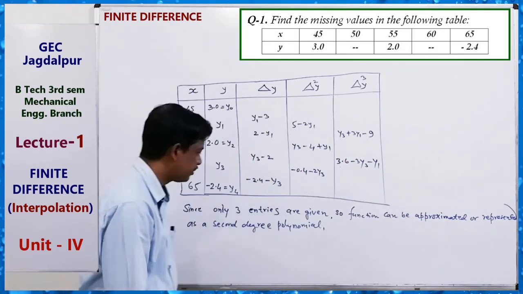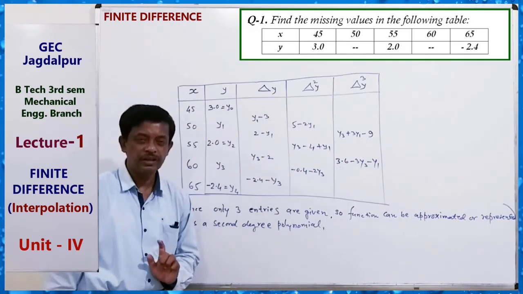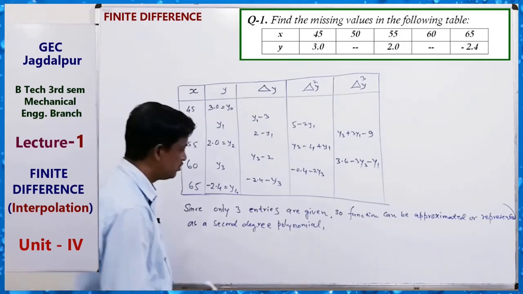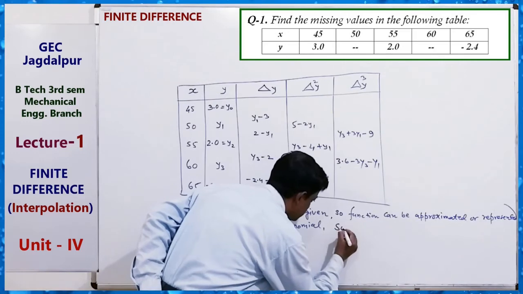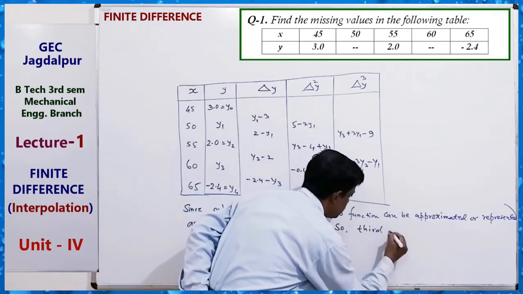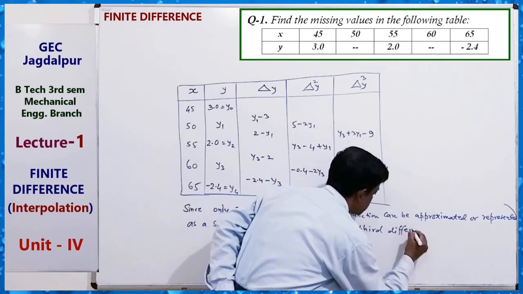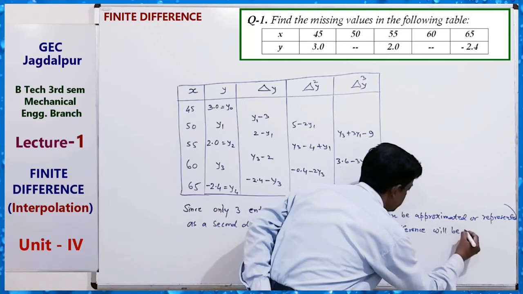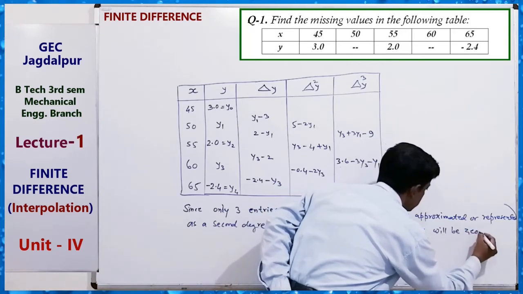Therefore, if it is a second degree polynomial, then the third differences will be 0.